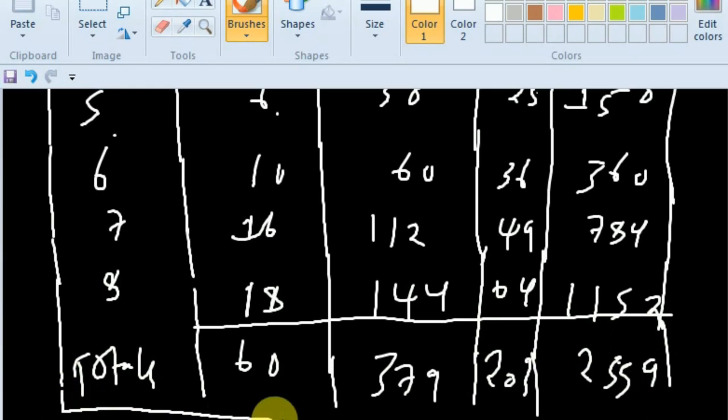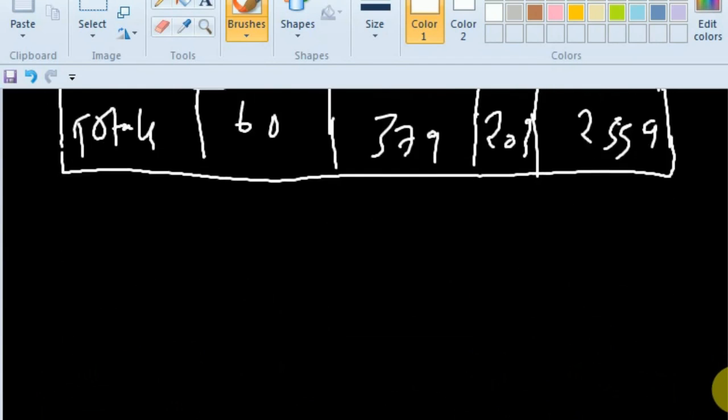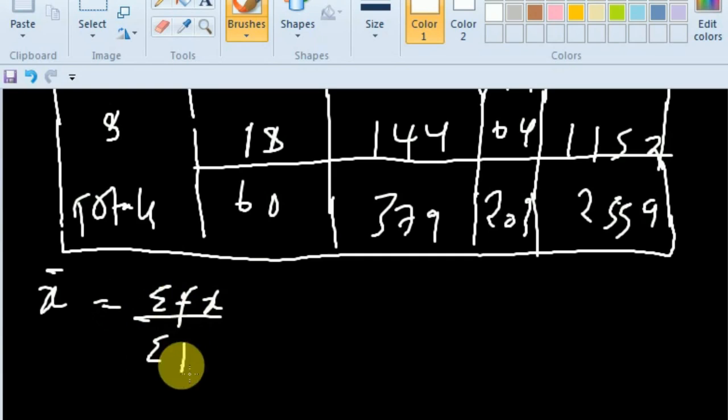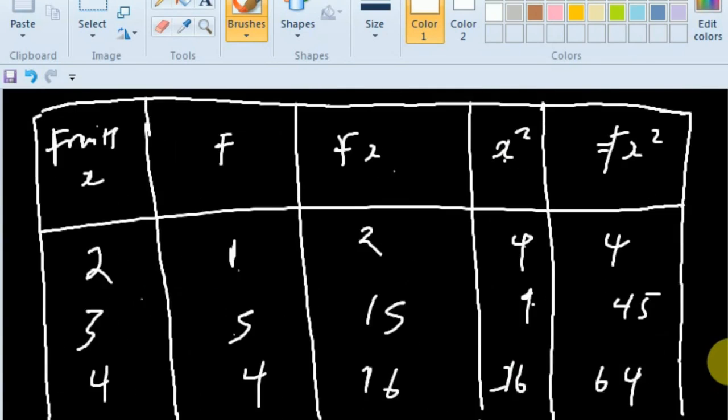And if you reach here, that means you're halfway done. The only thing that you need to do is to replace these numbers into your formula. So the first thing that we're going to do, we're going to calculate the mean. We know that the mean is found by saying the summation of fx divided by the summation of f, and the summation of fx there, let us see from the table.